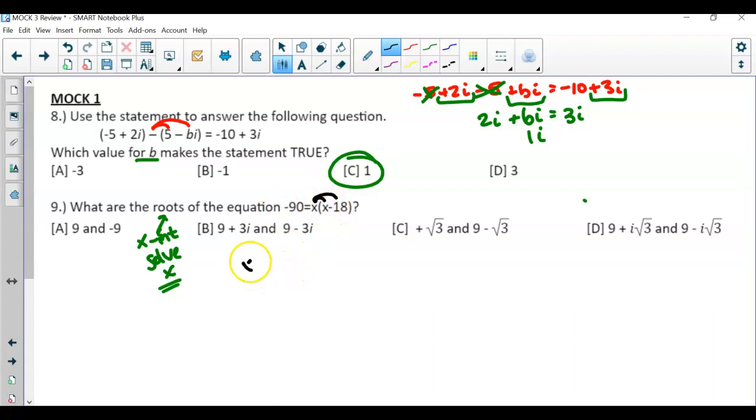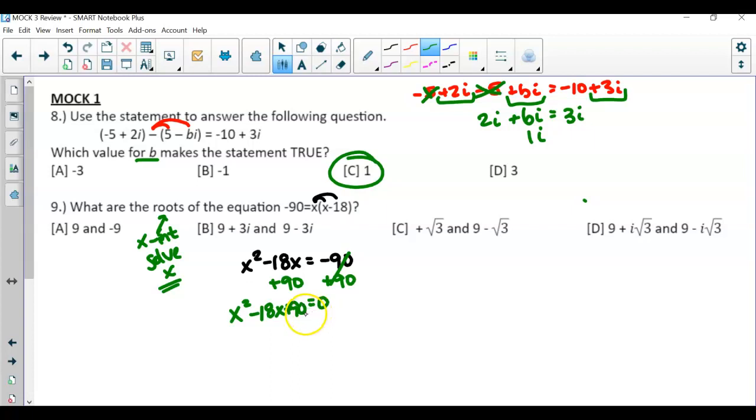So this is x squared minus 18x is equal to negative 90. Then in order to solve, it has to equal 0. So I'm going to add 90 to both sides of the equation. Now I've got x squared minus 18x plus 90 is equal to 0. Well, now I'm going to go ahead and check and see.